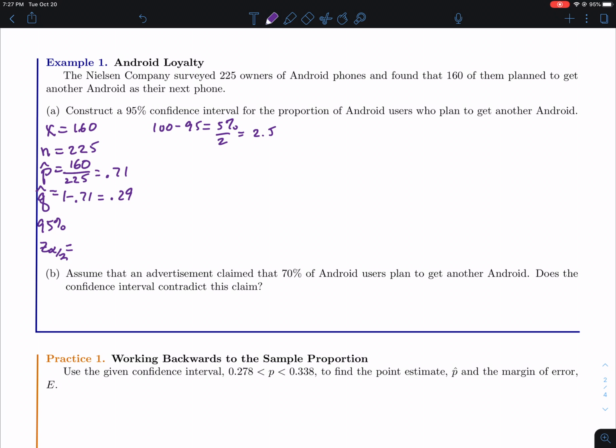So when I want to use the inverse norm, I need to add 95 to that 2.5 to get my percentage, so 0.975, and then 0, 1 to get the z-score I'm looking for.